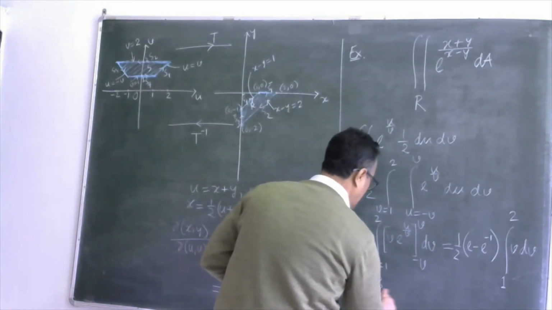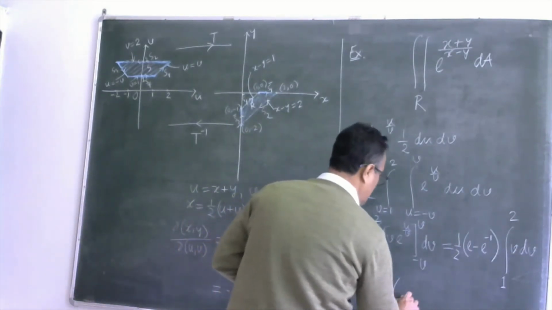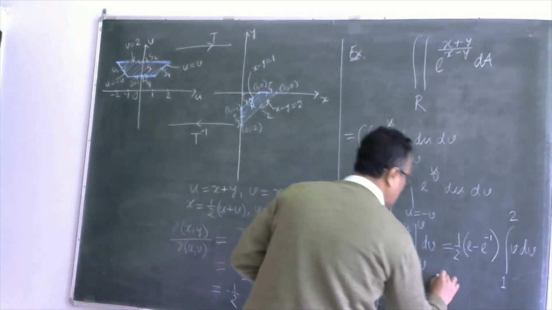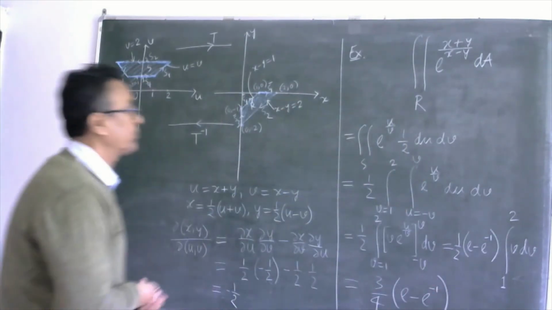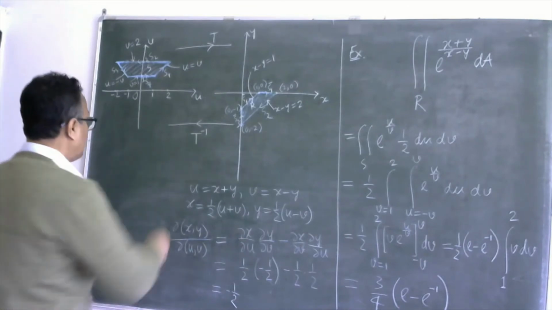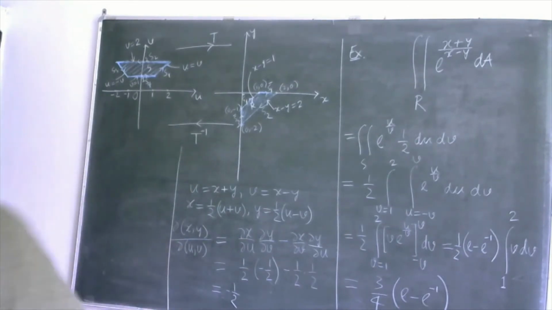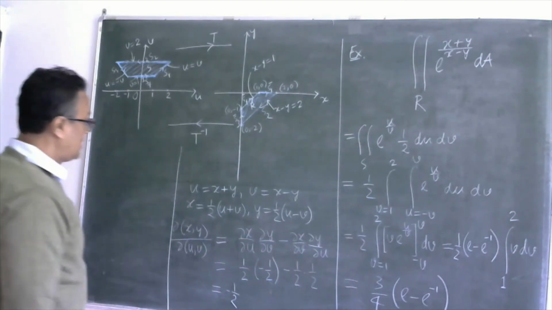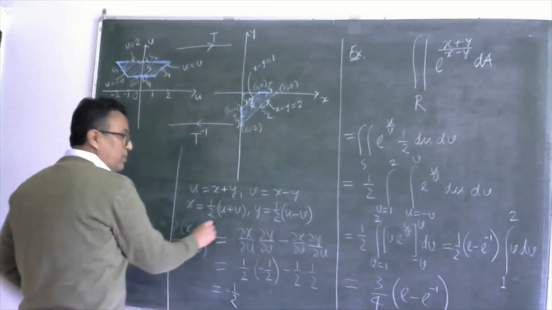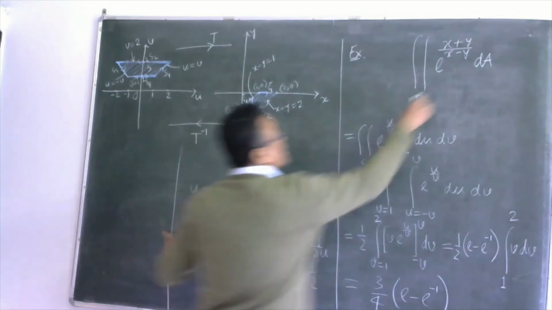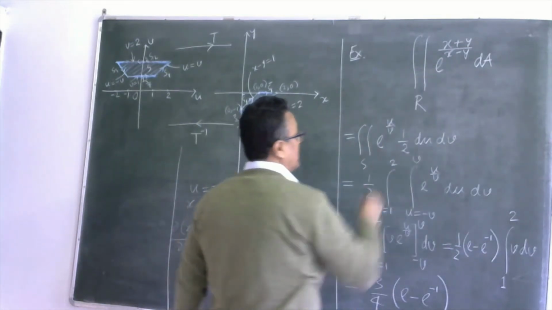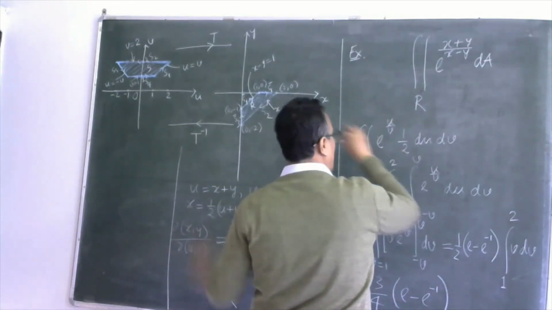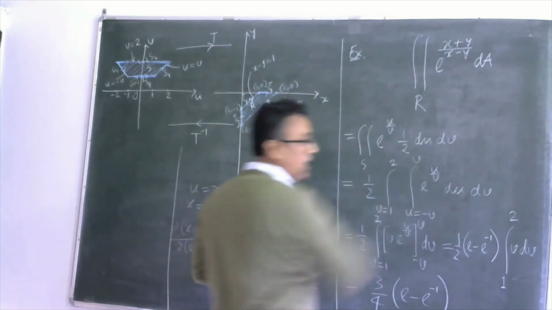So the final answer is going to be e minus e to the power minus 1. Okay, fine. So now you can see that we used the Jacobian approach in order to find this integral, and the Jacobian for this particular example turned out to be half.